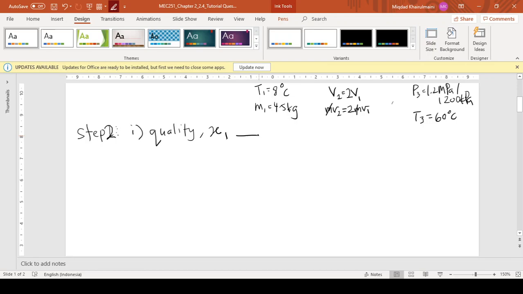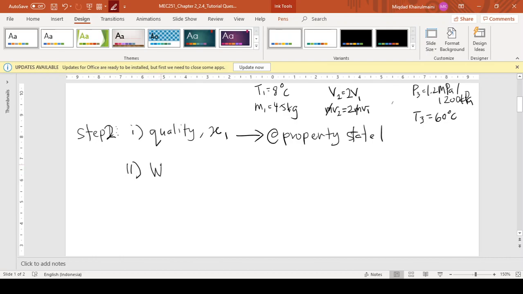So X1, or quality at state 1, is a property at state 1. So when we do step 3 later, for state 1, we make sure that we can calculate the quality at state 1. Number 2, the total amount of boundary work.